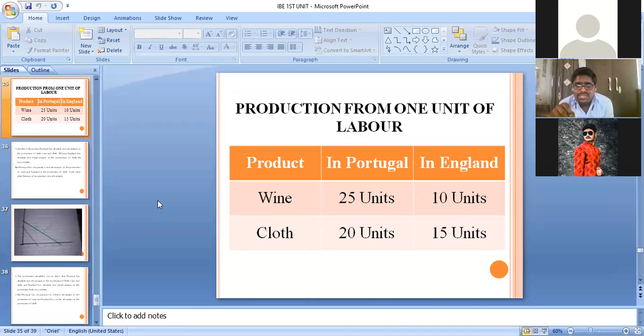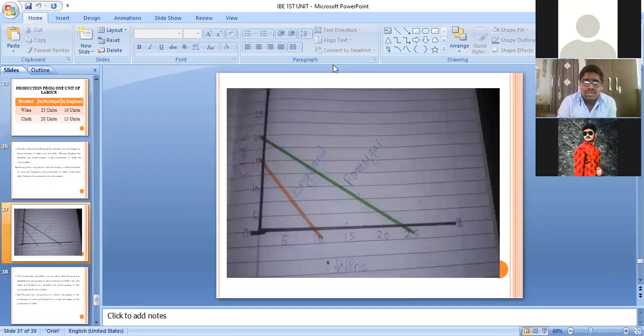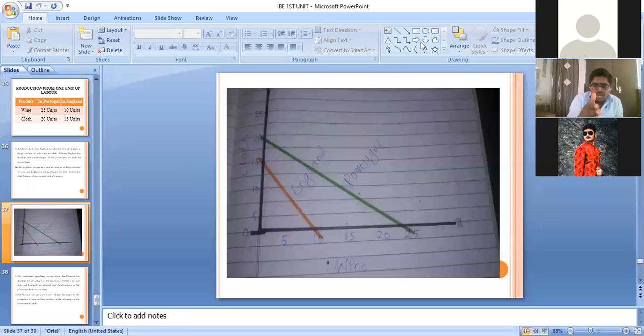If you compare, Portugal has absolute cost advantage in wine and England in cloth. If we compare this, the trade can happen. So we should draw a possibility curve of the commodities they have, wine and cloth.